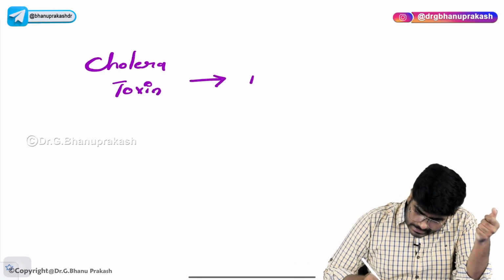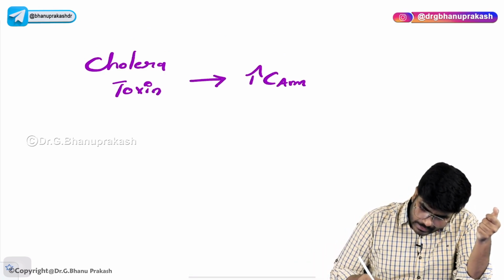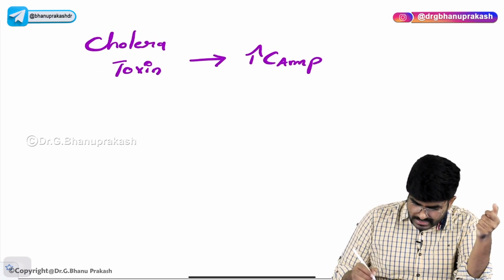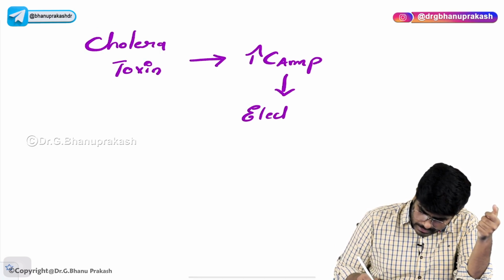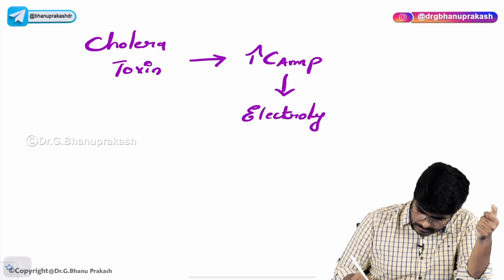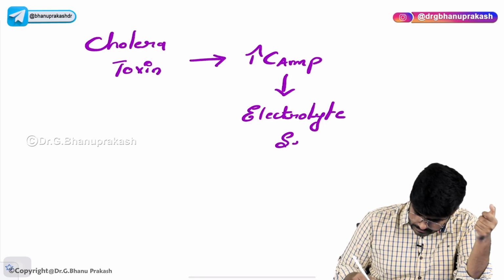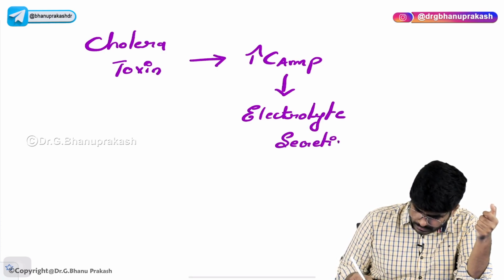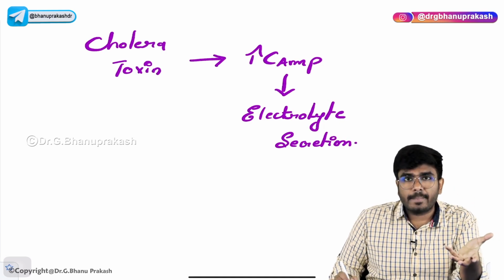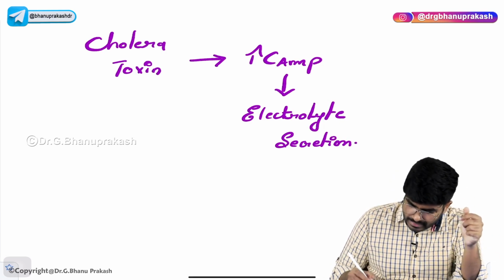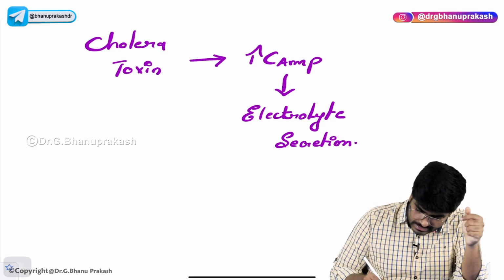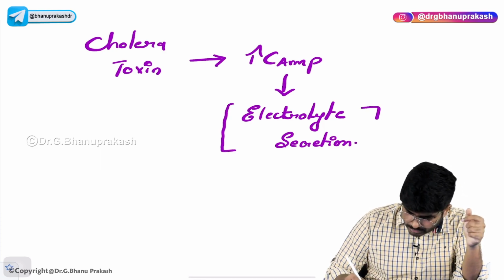It is increasing the cAMP levels. Now what the cAMP will do is increase the electrolyte secretion. Now into where? Into pancreatic juices? No, here cholera toxin increases the cAMP levels in the cells, in the gut cells, and increases the electrolyte secretion.